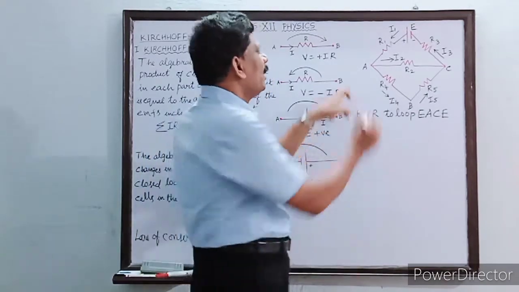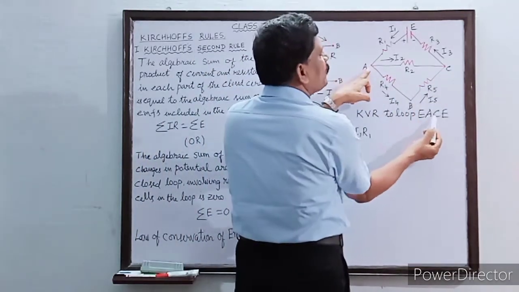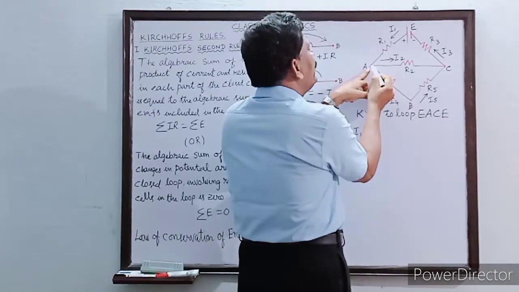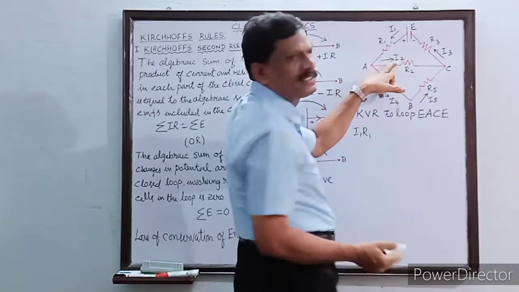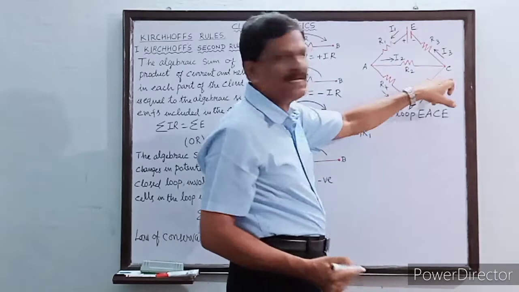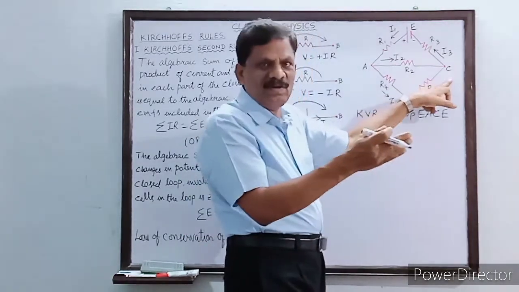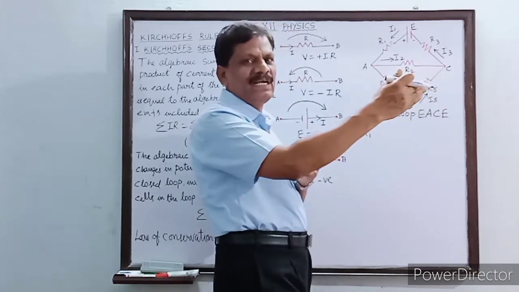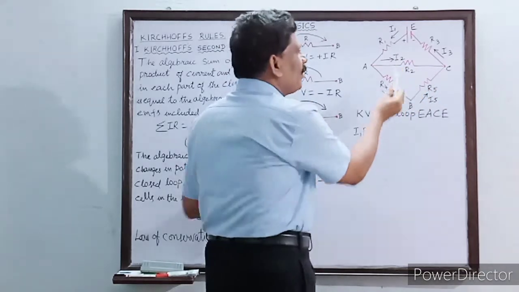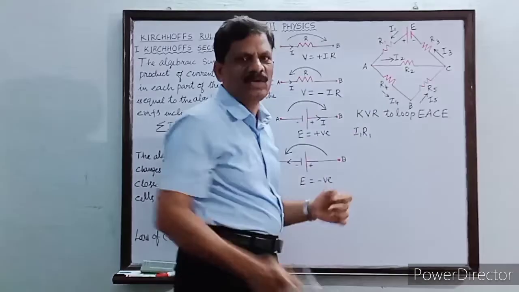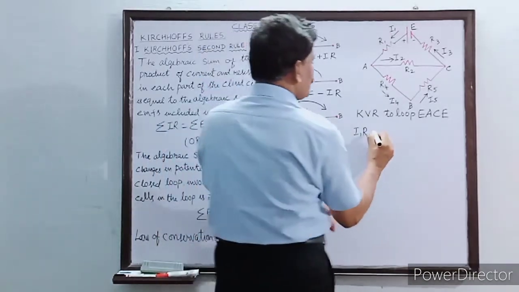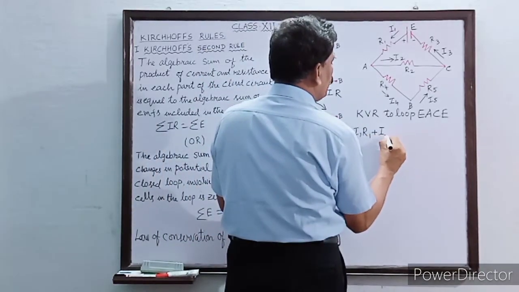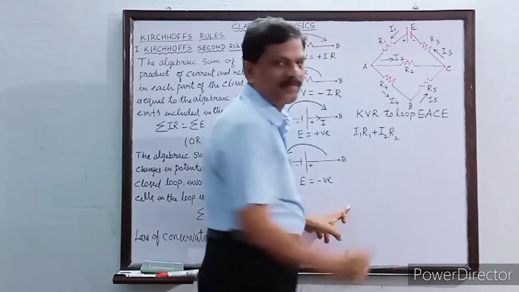Then from A to C. I am proceeding from A to C, and current I2 is also proceeding from A to C in the same direction. Therefore, the product of I2 into R2 is also positive. So this is plus I2 R2.